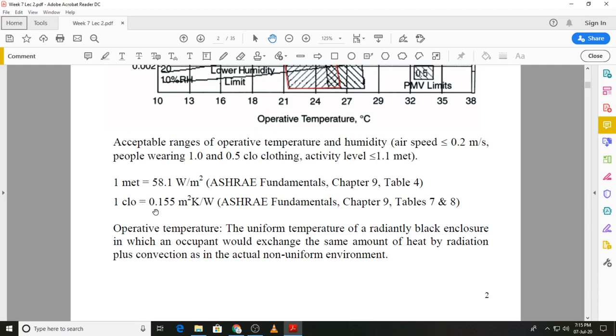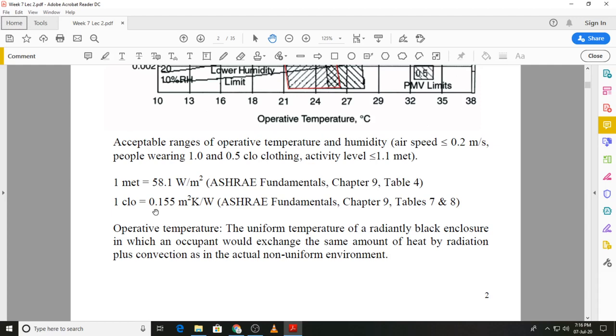And you can, through the relevant equations, work out the total rate of heat transfer by radiation and convection in the actual environment, in which you have the surfaces which are at different temperatures and which have different thermal radiation characteristics.